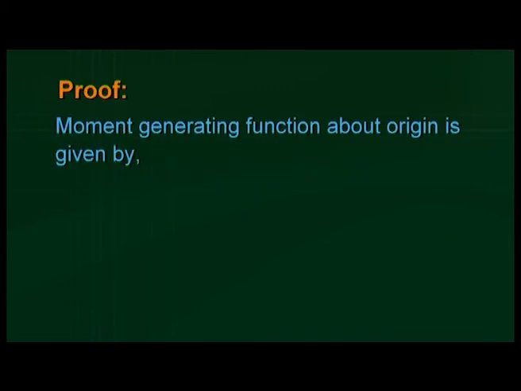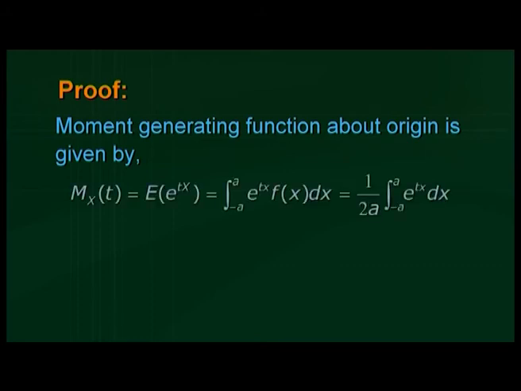Let us prove the result as follows. Moment generating function about origin is given by M_x(t) = E[e^(tx)] = integral from -a to a of e^(tx) f(x) dx = 1/(2a) times integral from -a to a of e^(tx) dx.